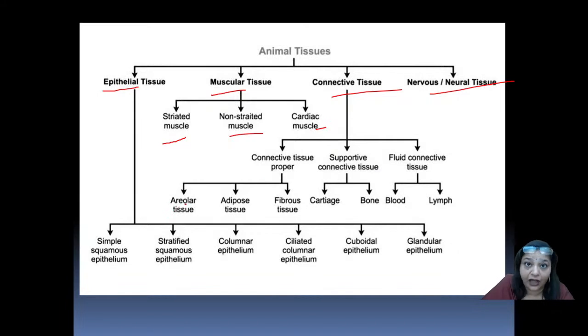They are areolar, adipose, fibrous tissues, cartilage, bone, and blood and the lymph, which are the fluid connective tissues. So all these we learned about the connective tissues. We learned about nervous tissue or the neural tissue that forms the nervous system of our body, and we also learned about the neurons and the neuroglia, the types of nervous tissue.